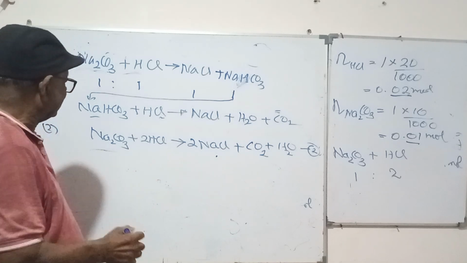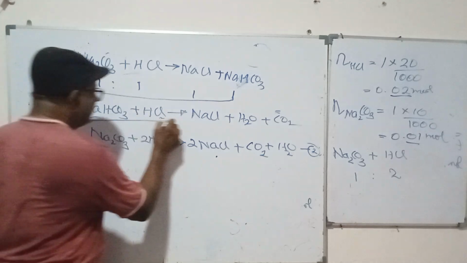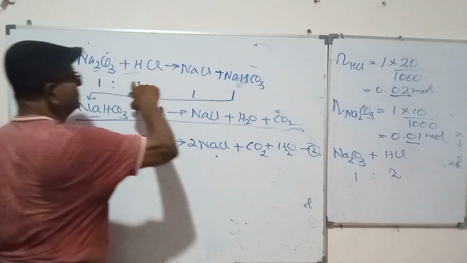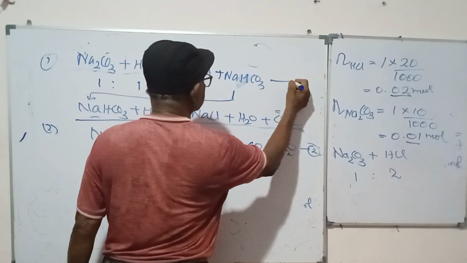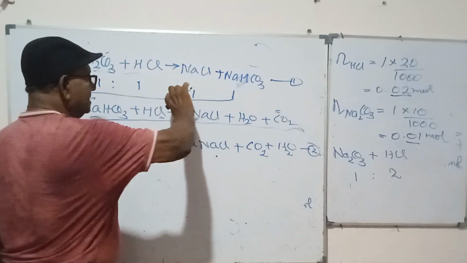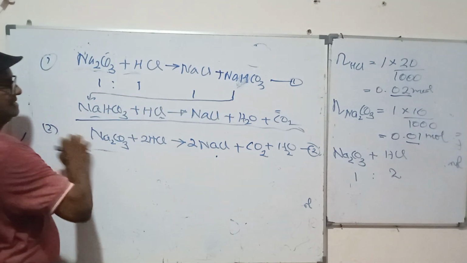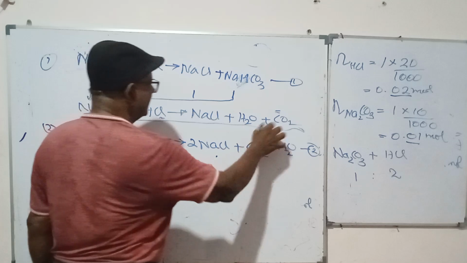Right? Then, if we add both reactions: 1:1, in the first reaction sodium bicarbonate is formed. If the sodium bicarbonate reacts again with HCl, sodium chloride, water and carbon dioxide form.